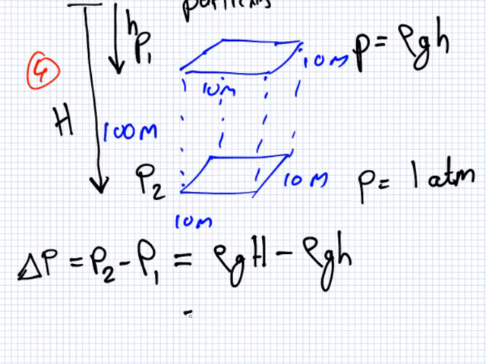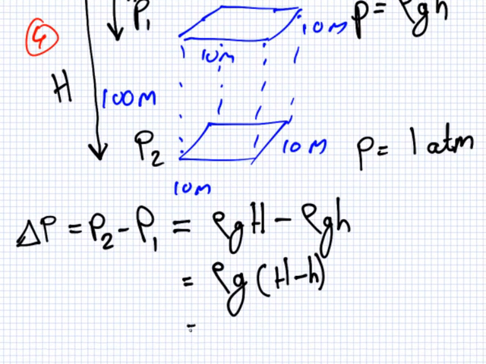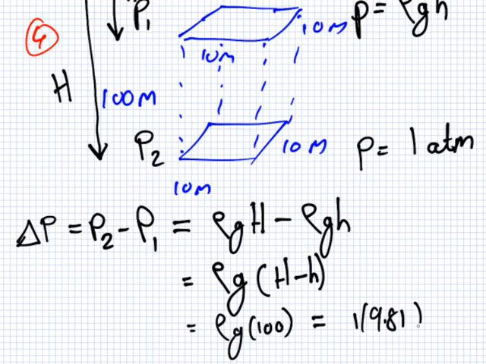But what you could do, you don't need to know what big H is, you just need to know the difference between big H and small h, which is 100, yes. So rho g 100, 9.81, 100.